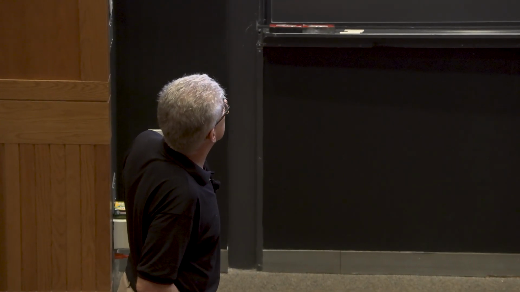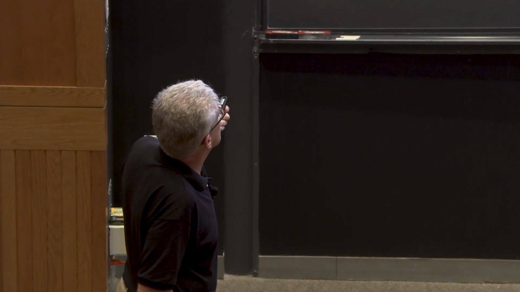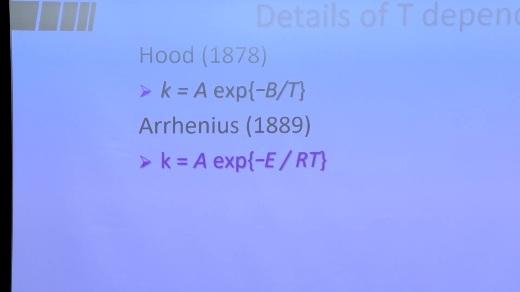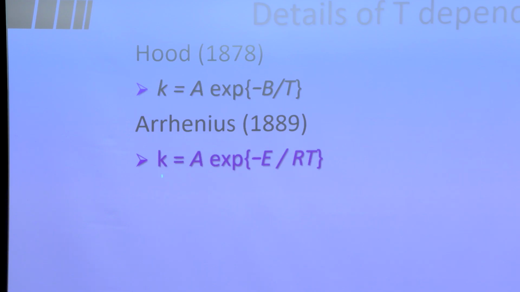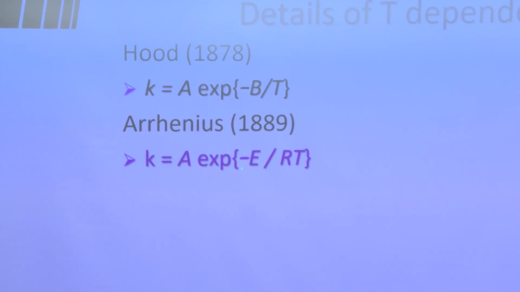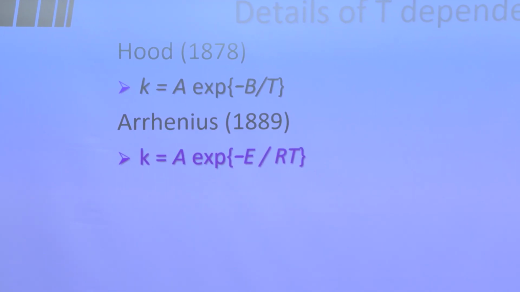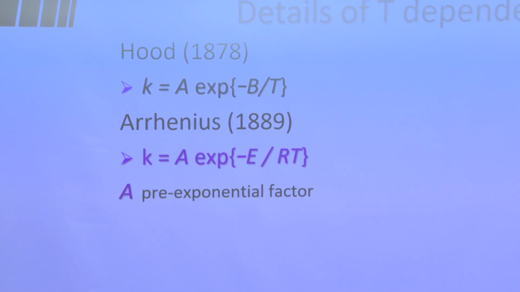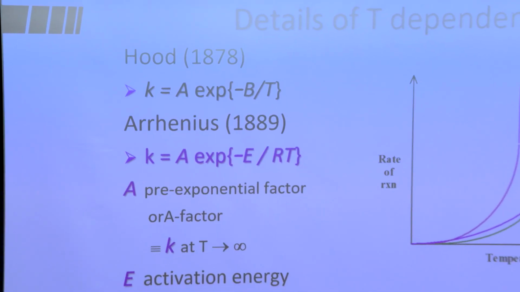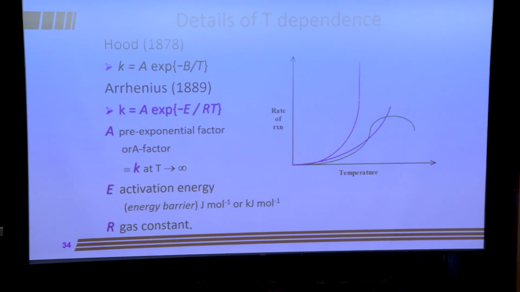Hood said that the rate constant is equal to a constant times the exponent of minus another constant divided by T. Arrhenius said the rate constant is equal to a constant times the exponent of minus an activation energy all over RT, where R is the gas constant.